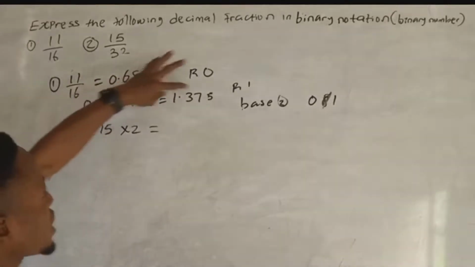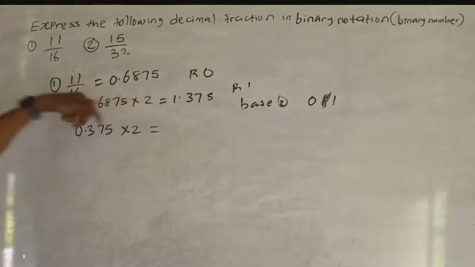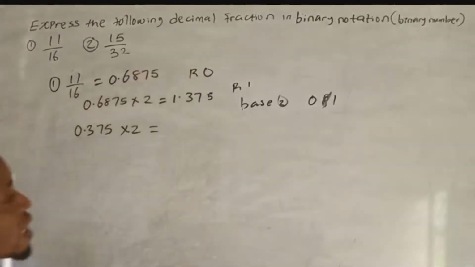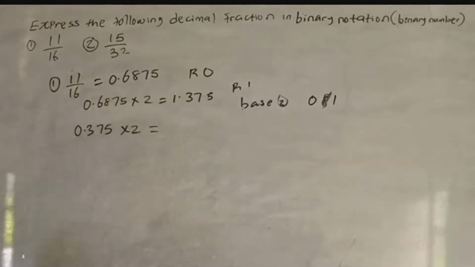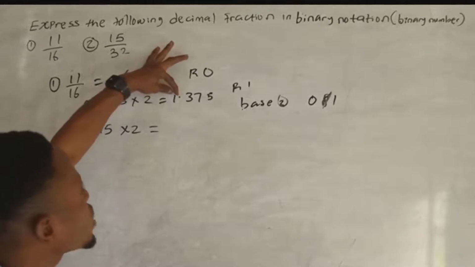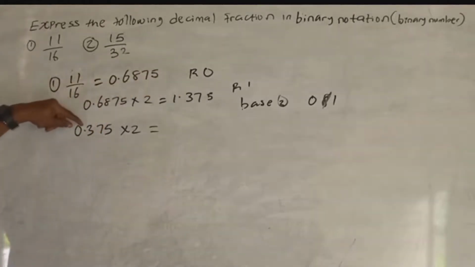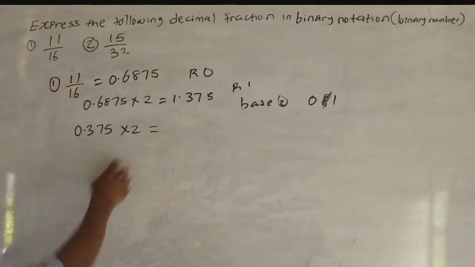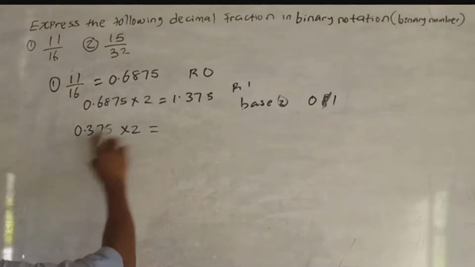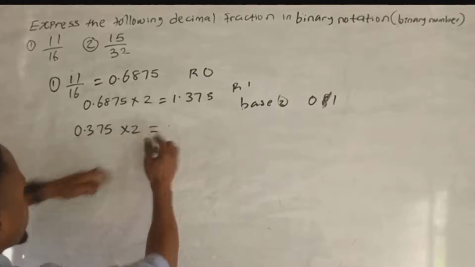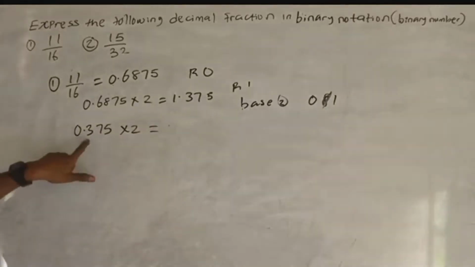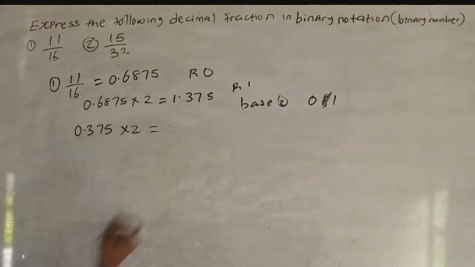If you left the 1 there, multiplying would give a number larger than between 0 and 1, so that is why we omit it. So 0.375 multiplied by 2 gives 0.75.